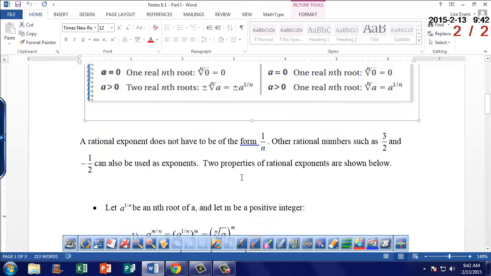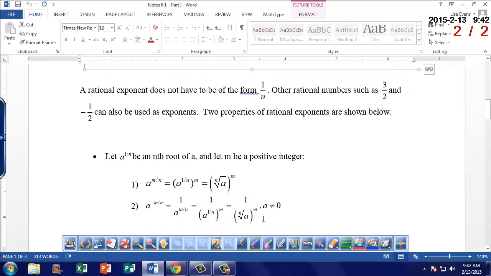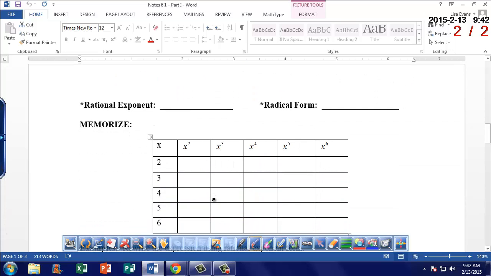Okay, so a rational exponent does not have to be of the form 1 over n. We can have a fraction such as 3/2. You can have a fraction such as negative 1/2. We're going to practice converting between rational exponents and radicals. So here is what you need to know.